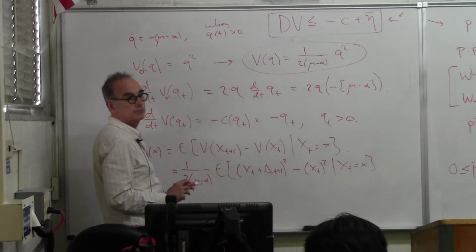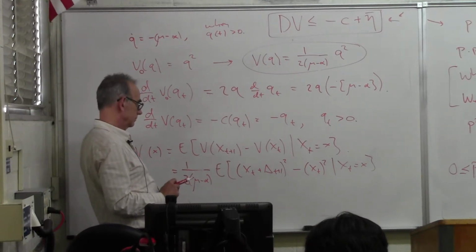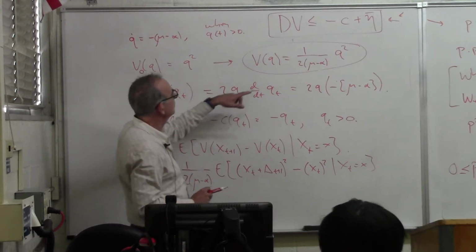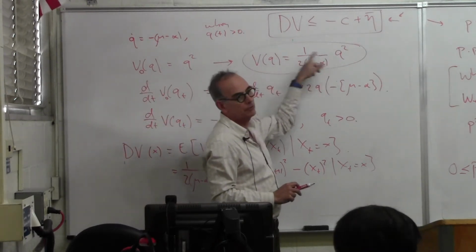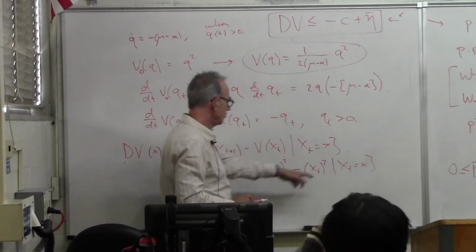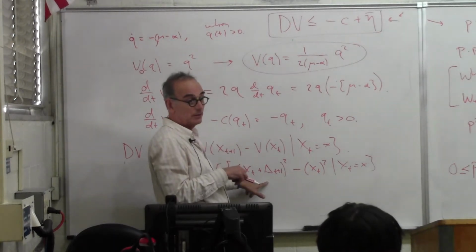I've just plugged in what V is. V of X is X squared over a constant. And then X equals X, so I can just substitute, because delta is independent of the past.